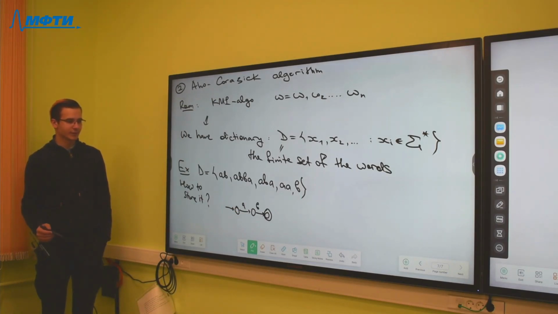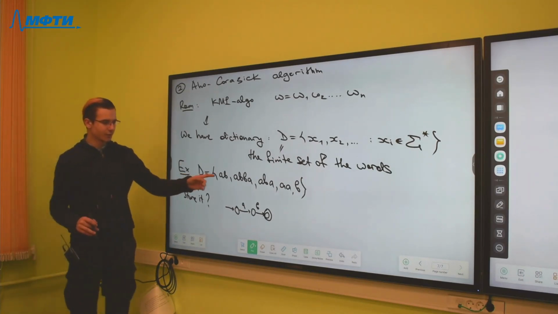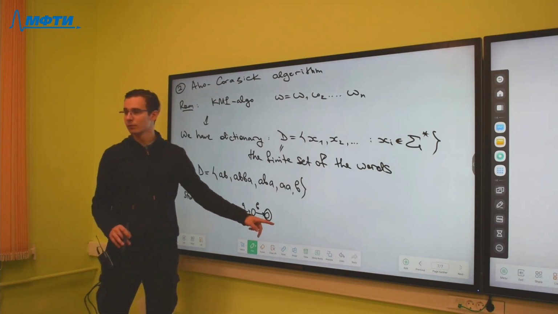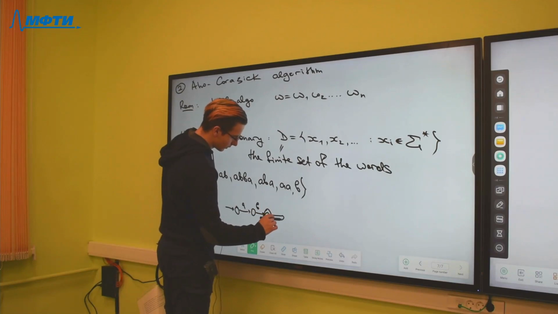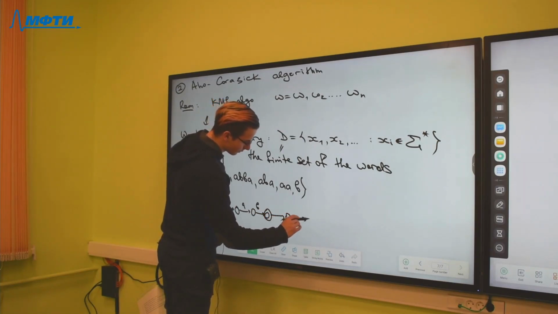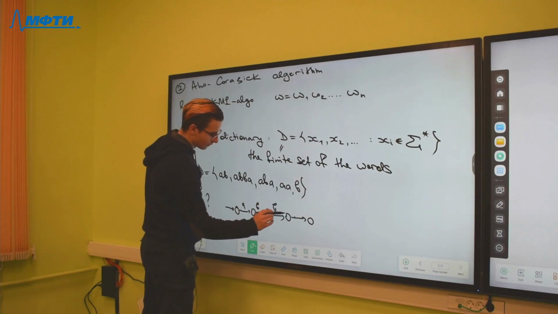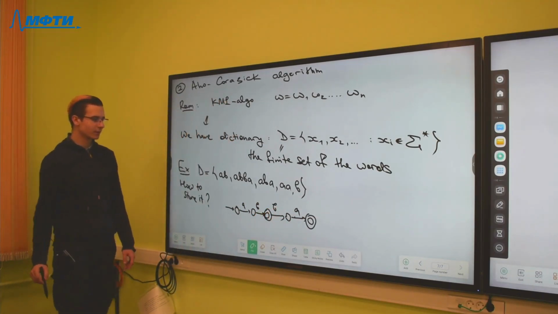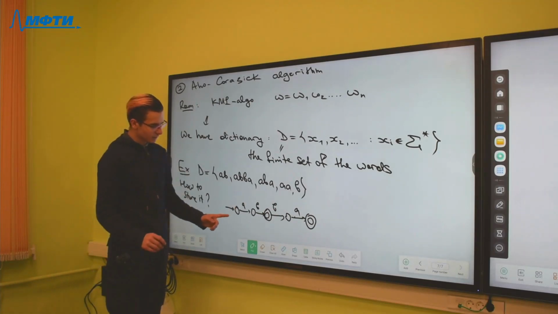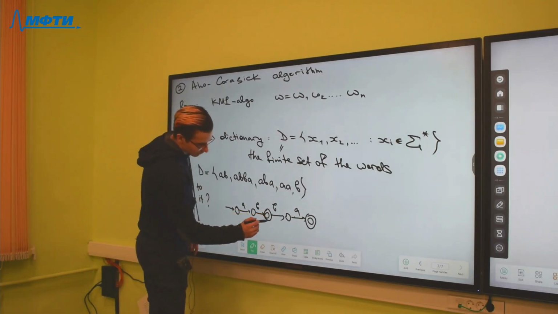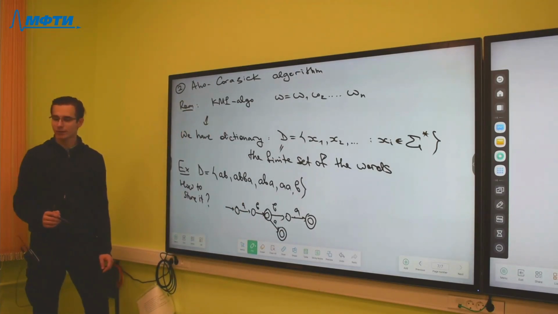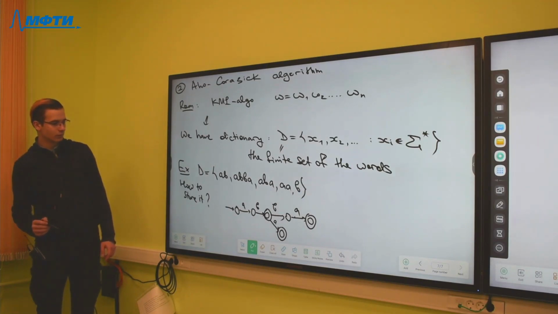And try to extend this picture with the other words. For example, for these words, we can find A, B states, and then we continue to find the final state. With this word, we have A, B. And we add B, B, maybe make it as a loop.